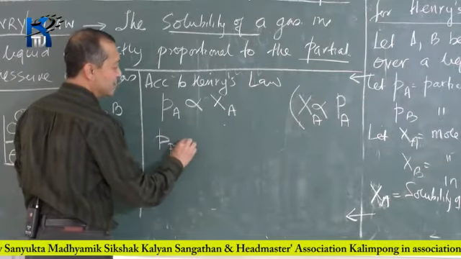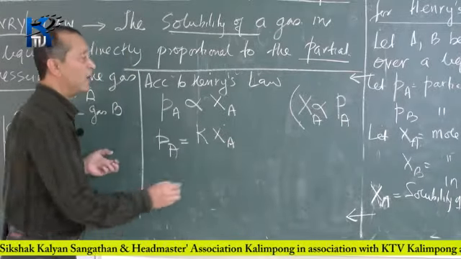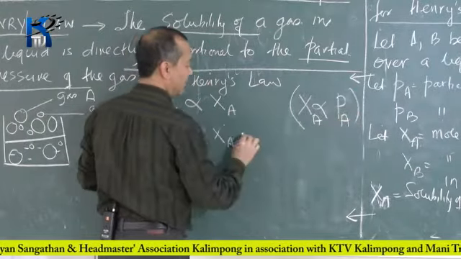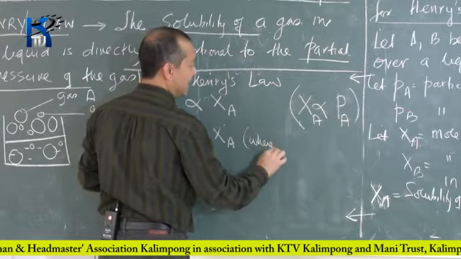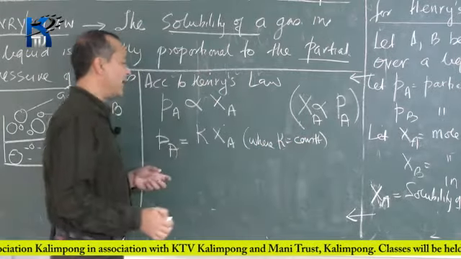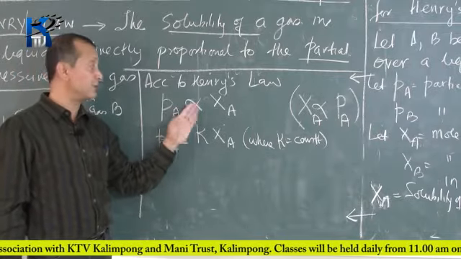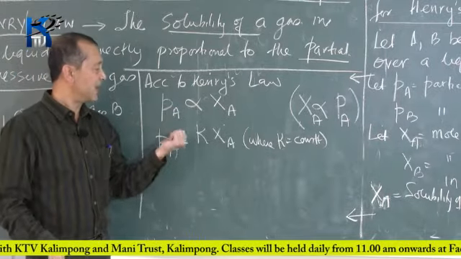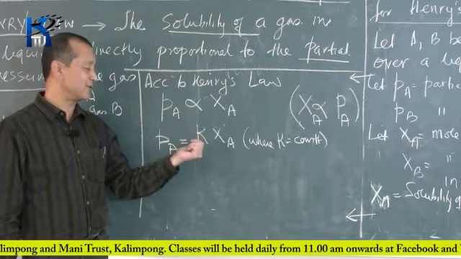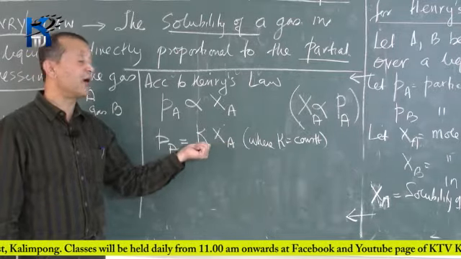So PA is equal to K into XA, where K is a constant. Whenever there is a proportionality sign, if you want to simplify it, then we create a constant K, so that PA is equal to K into XA.